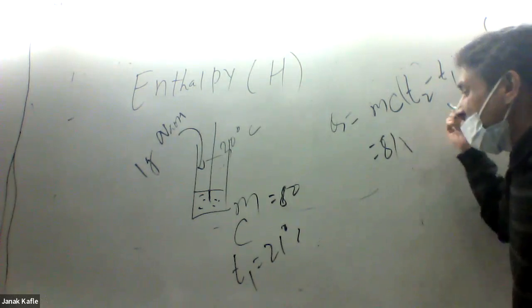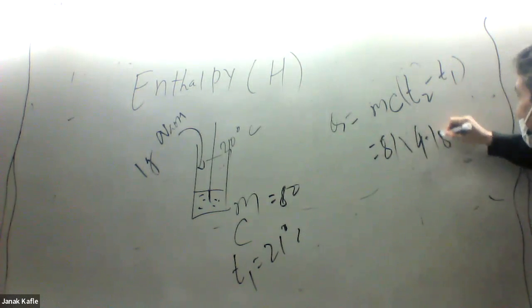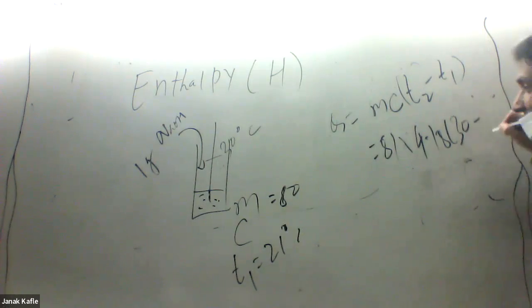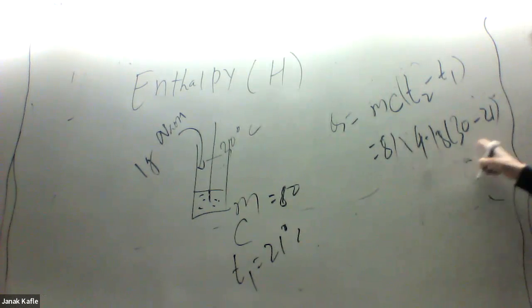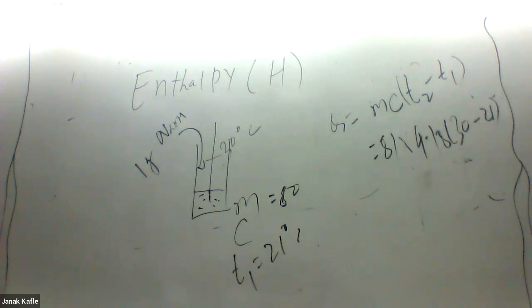And C is the specific heat capacity of water, that is 4.18, and T2, the temperature shot to 30 degrees centigrade, and the initial temperature was 21 degrees centigrade. Whatever number I get from the multiplication, this Q basically is the enthalpy. I'm measuring the enthalpy. Although it is heat, we give this heat the name enthalpy.